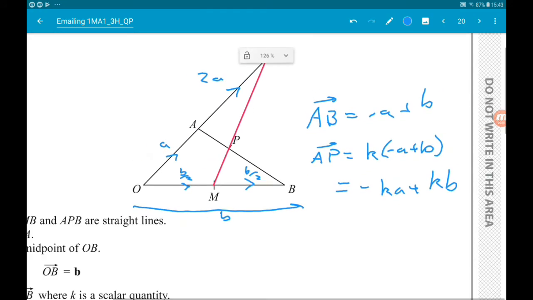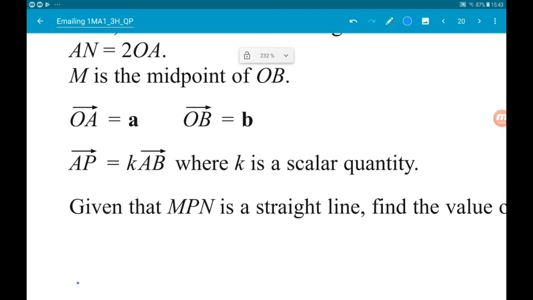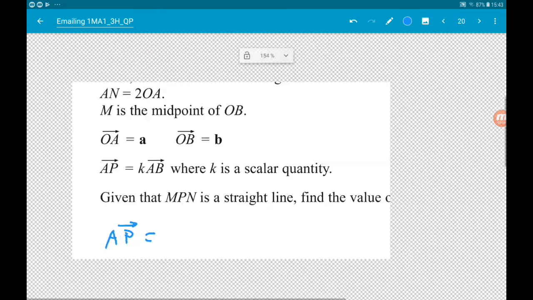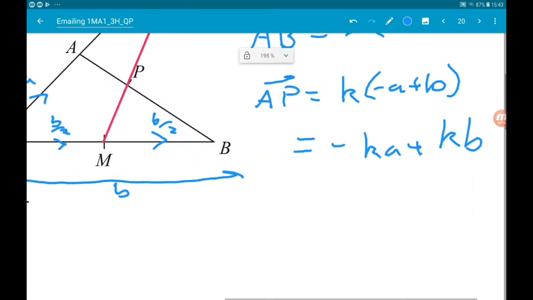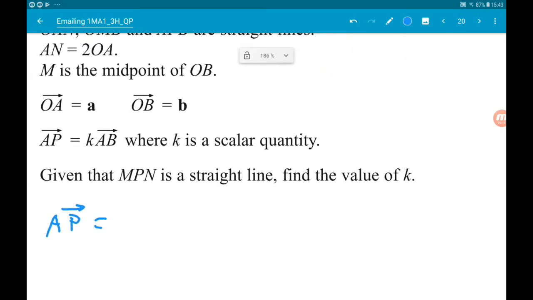Okay, so let's get that written down here. So A to P is minus k a, add k b.